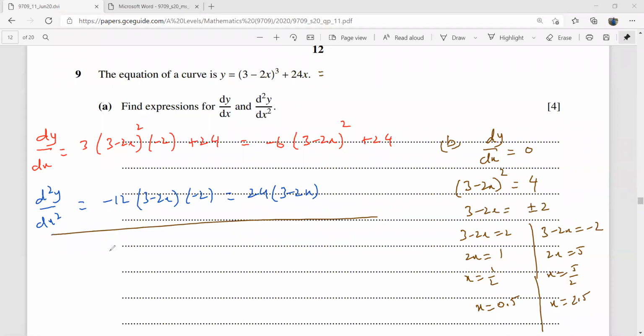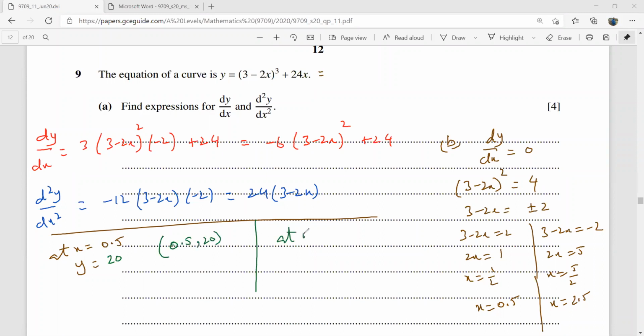So, at x equal to 0.5, what is your y? 3 minus 1 is going to be 8. 8 plus 12 is going to be 20. This is 20. So one of the points is 0.5 comma 20.